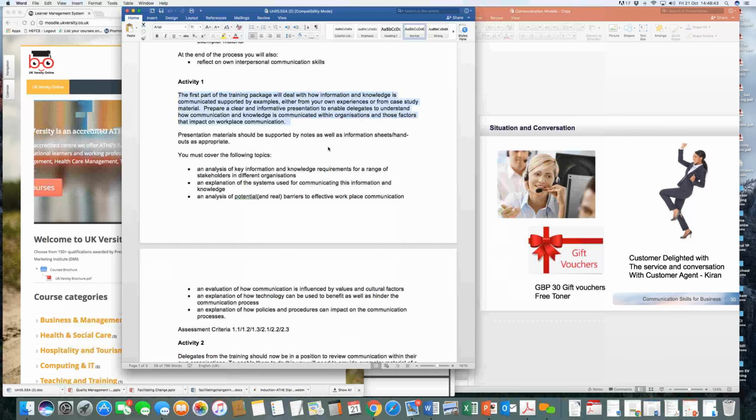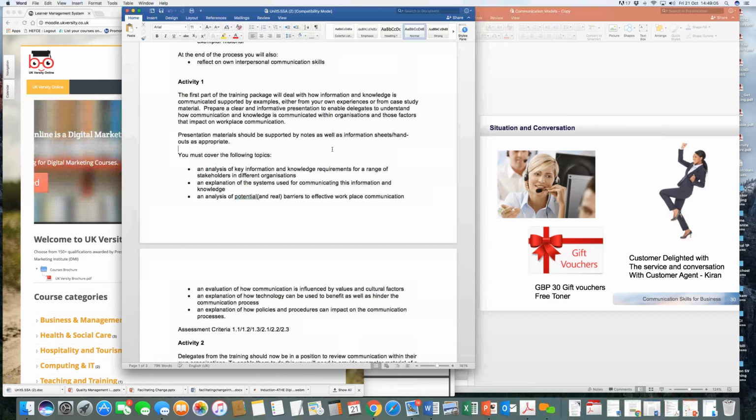So you're assuming that you're trying to deliver the first part of the training package, and with that assumption in mind you are creating handouts which will be given to delegates within the training. You have to pick the most appropriate model.